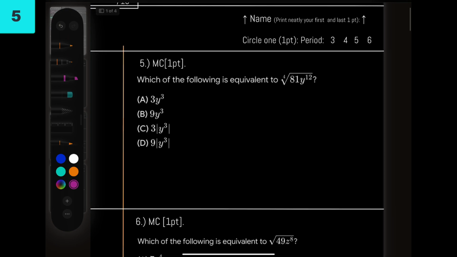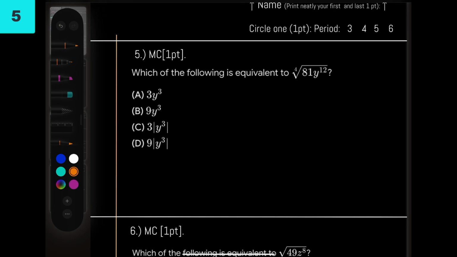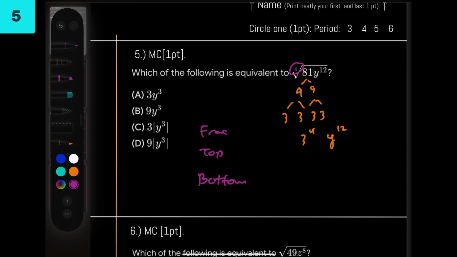Okay, question number 5. Which of the following is equivalent? So you can break down 81, that's 9 and 9. And that gives you 3, 3, and 3. So you really have 3 to the 4th power, y to the 12th power. And then remember our phrase, for the fraction, you have the top and you have the bottom. And for the radical, you have bottom out, top in.